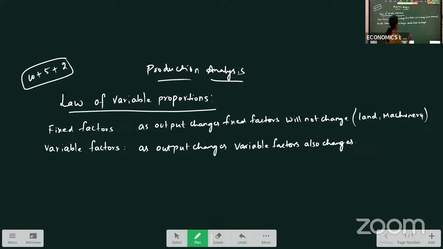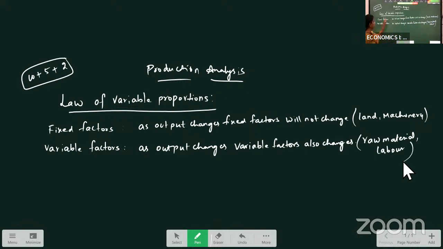Whereas as you change your output, your variable factors also change, such as raw material and labor. These are called variable factors. Got the difference between these two?